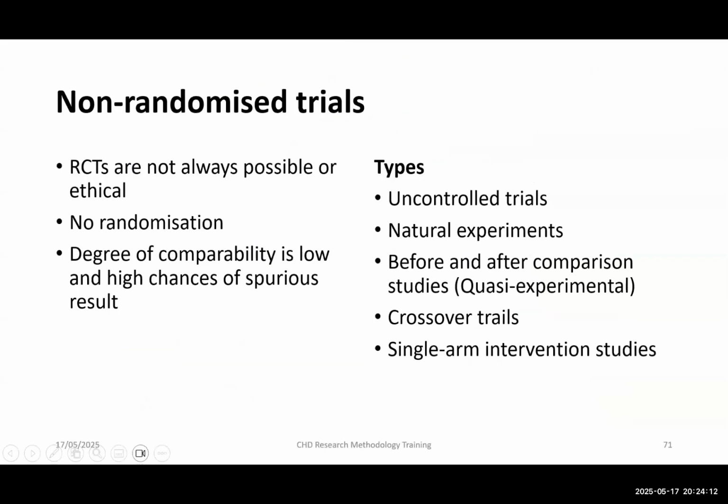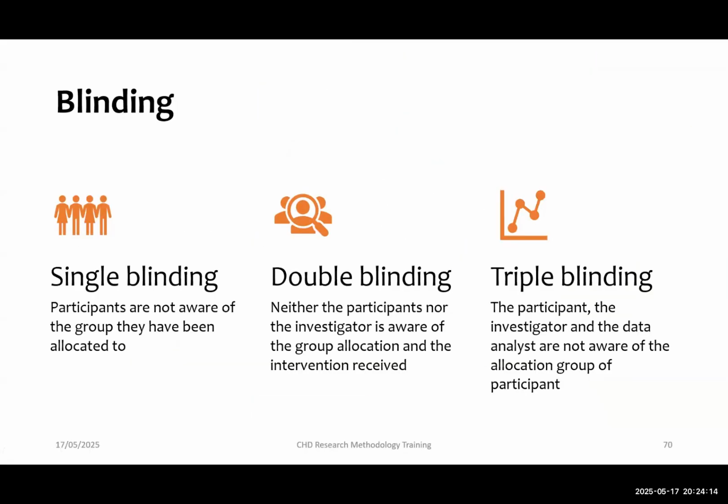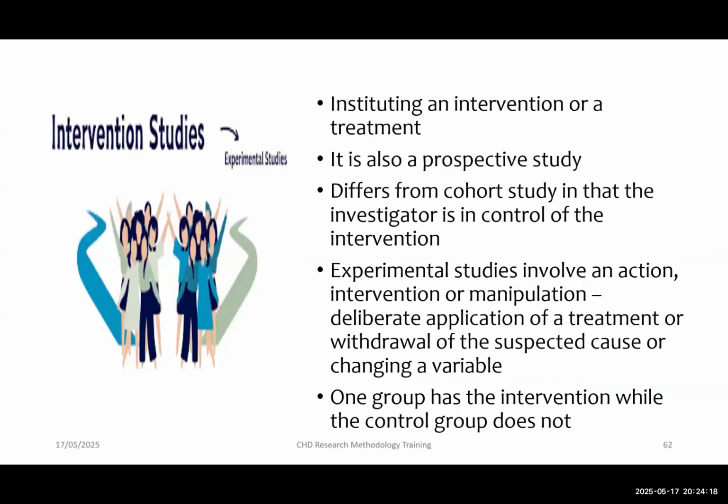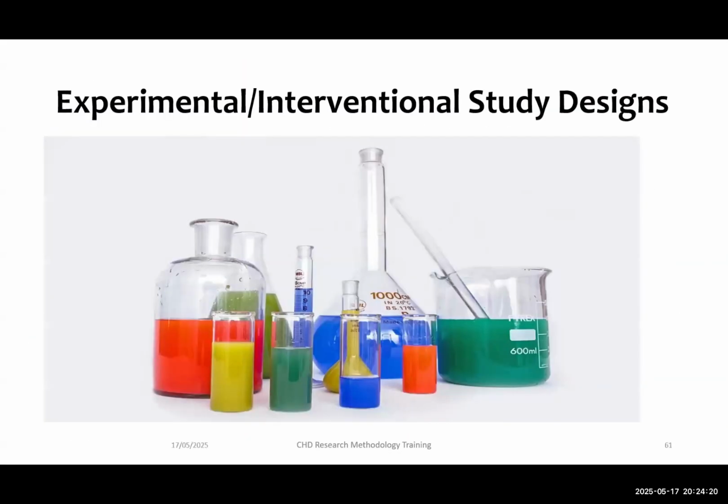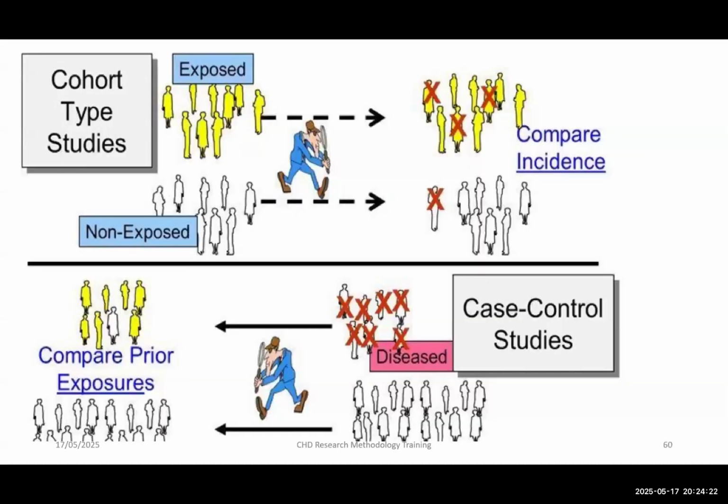So in a case control, the disease has happened, and it is used for rare diseases. This disease has occurred, and then you select those who don't have the disease, and then you go back in time to find out whether they were exposed to the factor of interest.